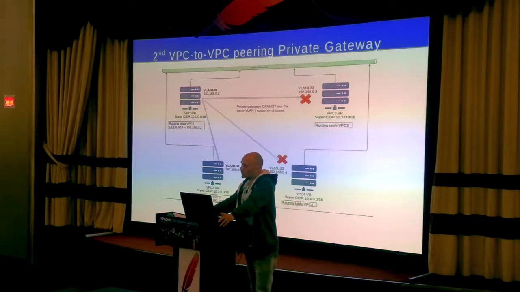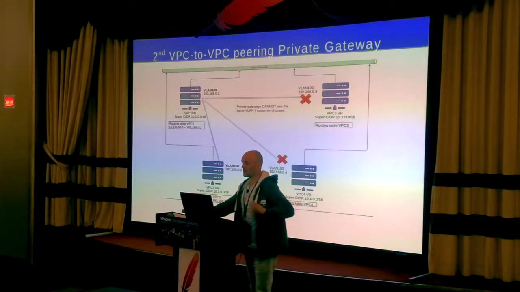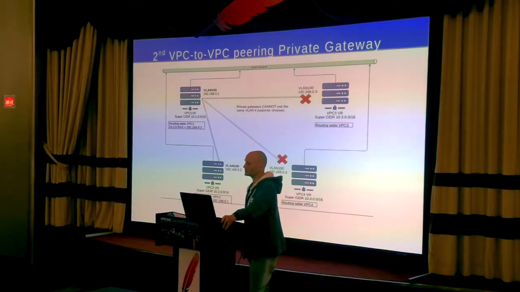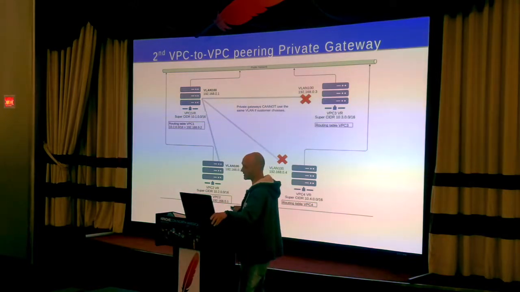When you want to peer with more than one VPC in the same broadcast domain, you cannot specify that you want to use the existing private gateway, as I just said. For example, using the same NIC and VLAN, CloudStack does not allow duplicate VLANs in the same DC.